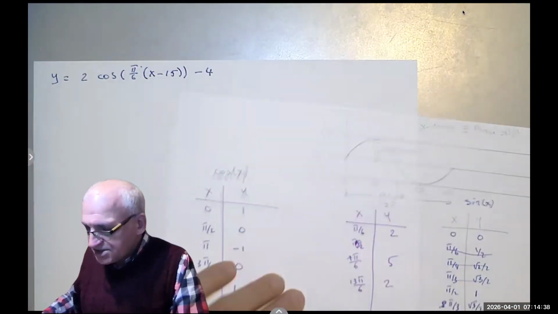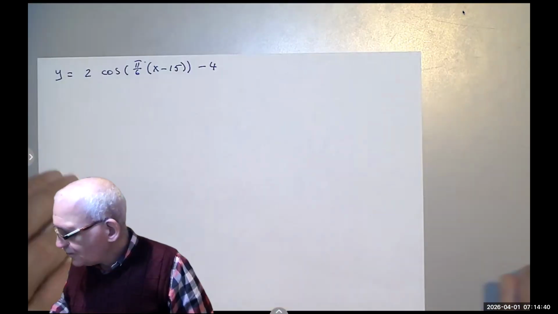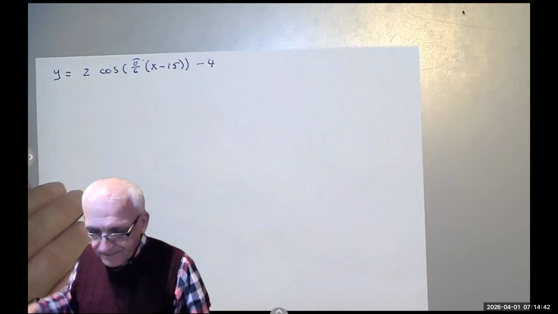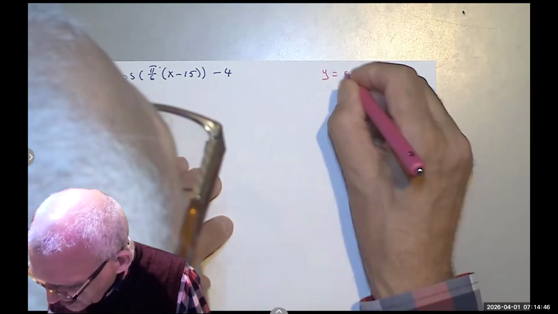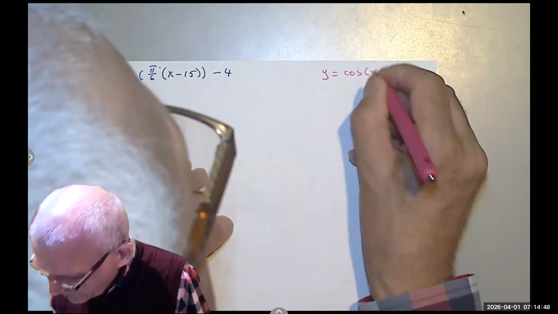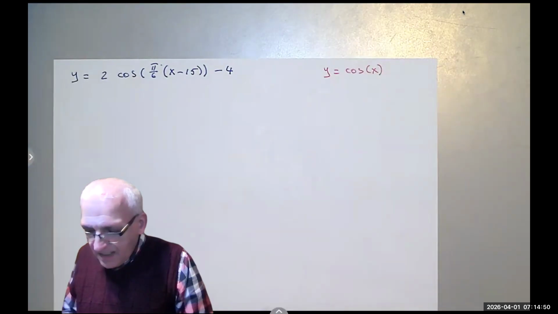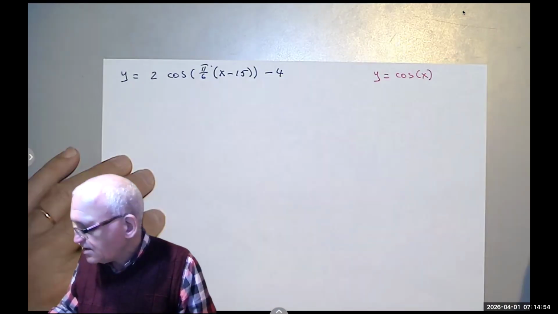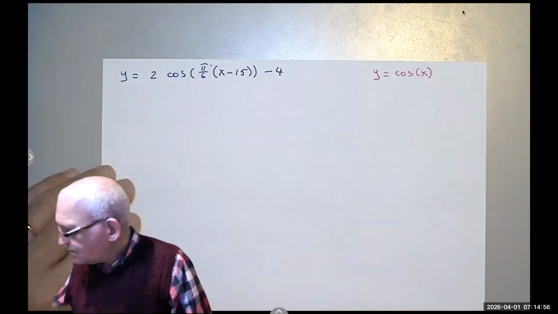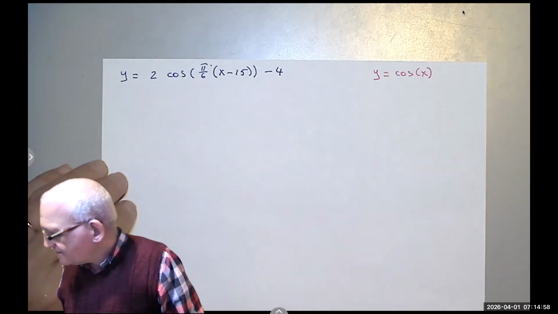The second example tells you here is the equation we want to work with. So my parent function is y equals cos x. And I'm going to see how do I make this equal just the cosine on the right-hand side.